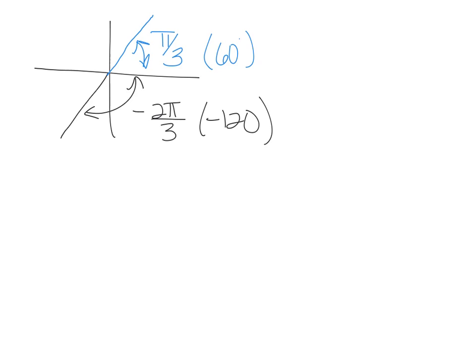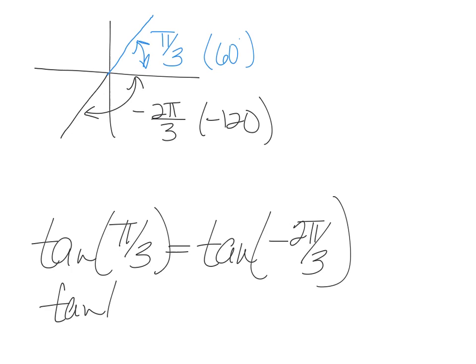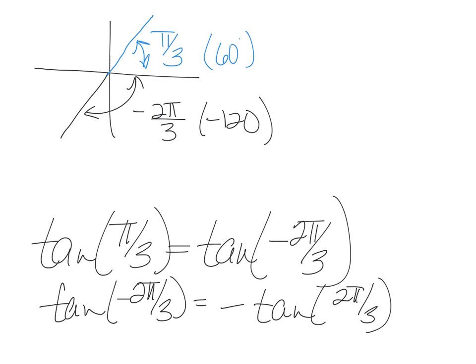We can say that tangent of pi over 3 equals tangent of negative 2 pi over 3. Okay? So to continue that just a little bit, we can also say that tangent of negative 2 pi over 3 equals negative tangent 2 pi over 3. Chew on that for a little bit.